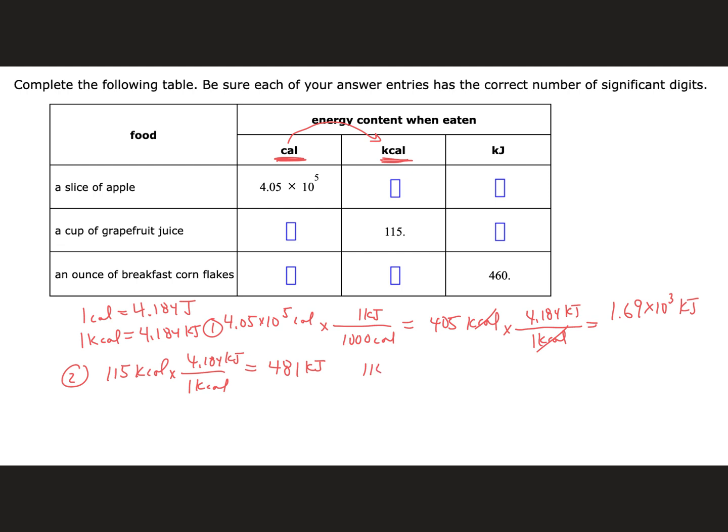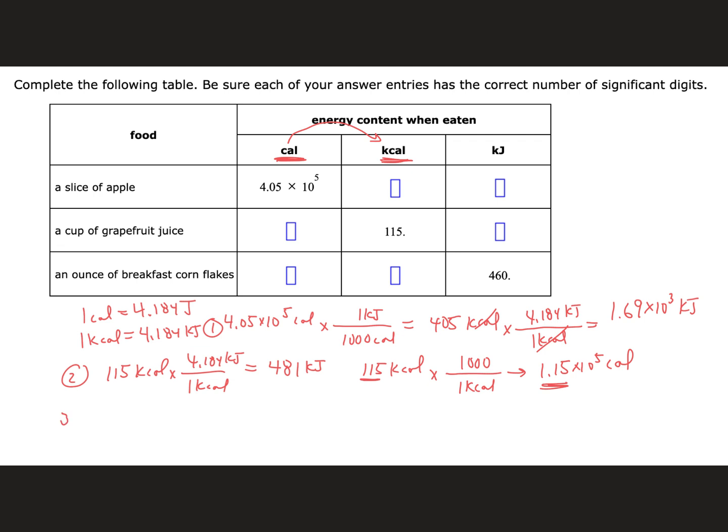And then 115 kcals, we have to convert that to calories. We know in 1 kcal there's 1,000 calories, so we multiply that by 1,000, and this becomes 1.15 times 10 to the 5 calories. 3 significant figures because I have 3 significant figures here. Just leave it in scientific notation to indicate that it's 3 significant figures.